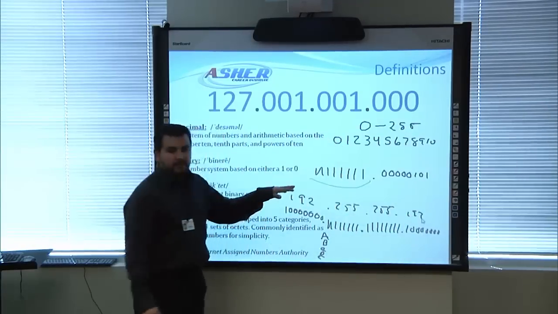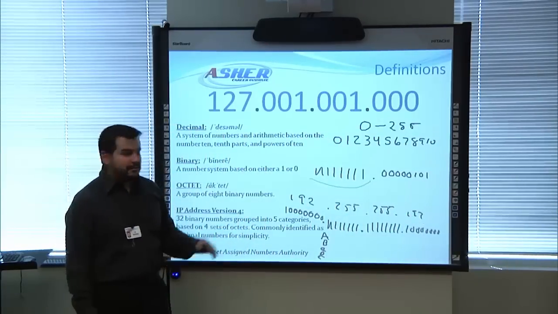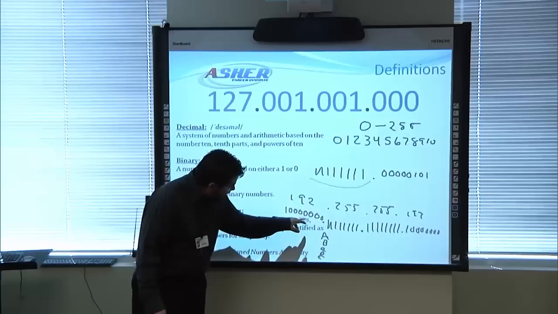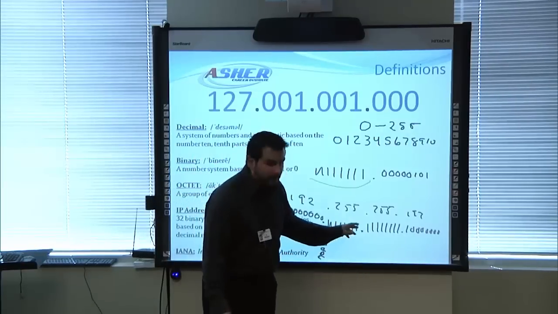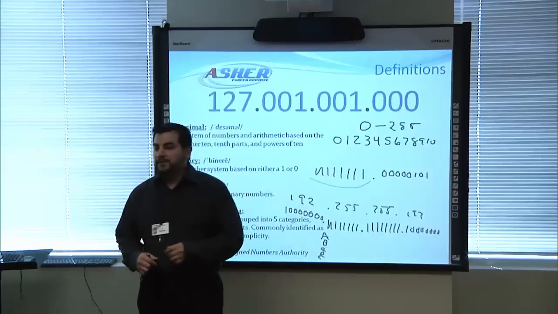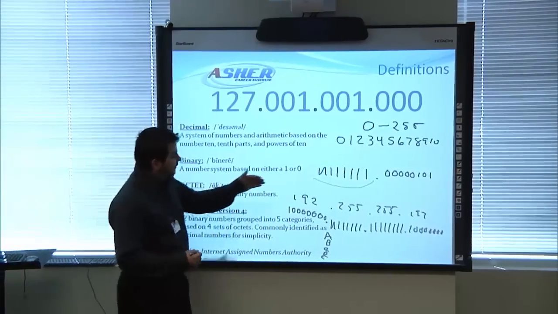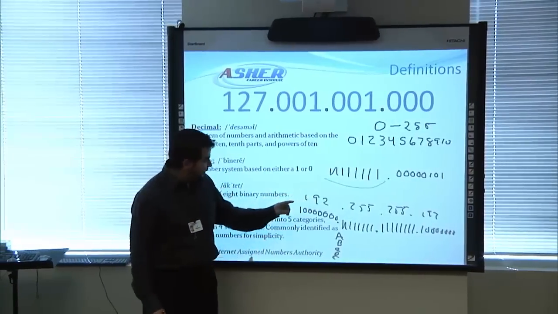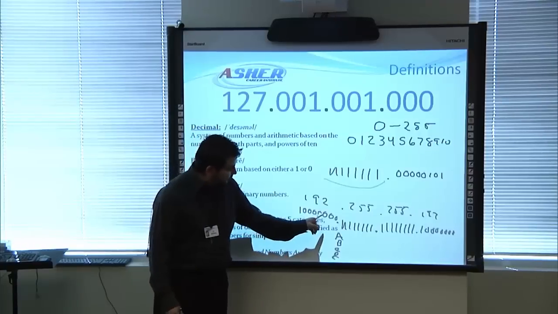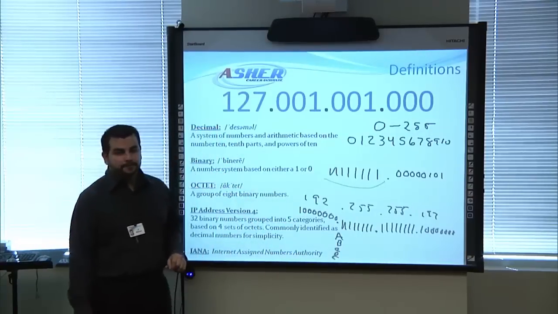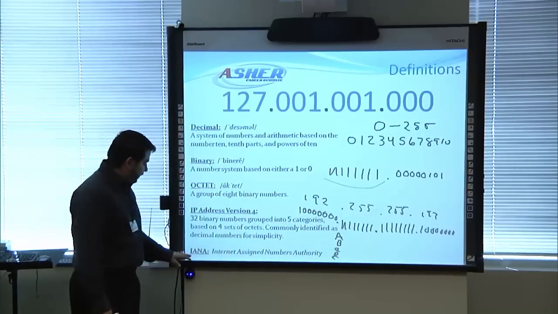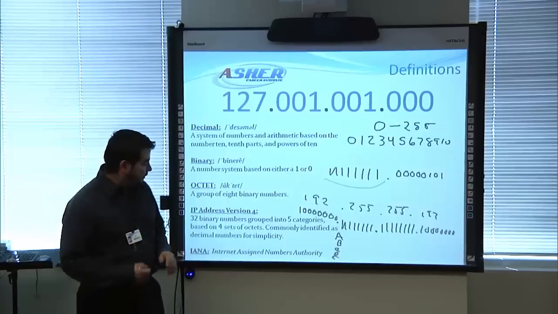Okay, it's easier for us to say 3 decimal numbers instead of saying 1000000.1111111.11111. But the computer doesn't see 192. The computer sees 1000000. Okay? All right. The last one is IANA, the Internet Assigned Numbers Authority.